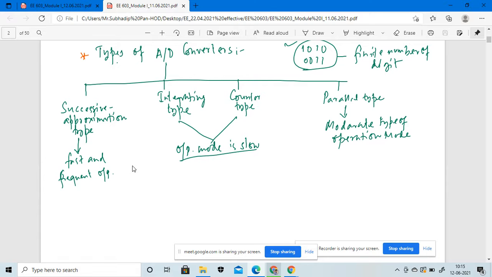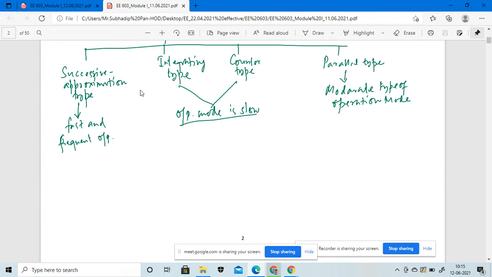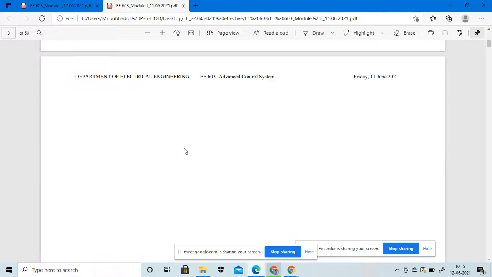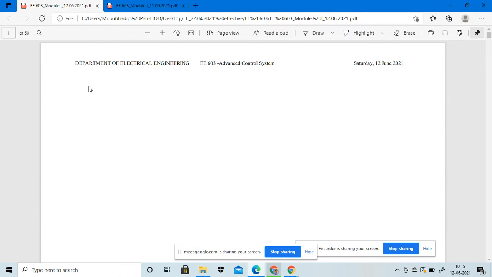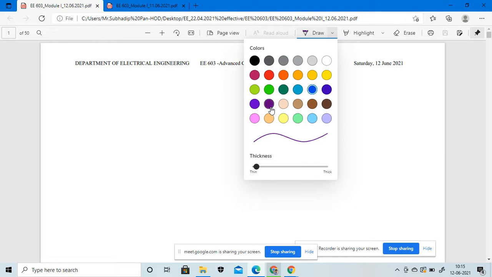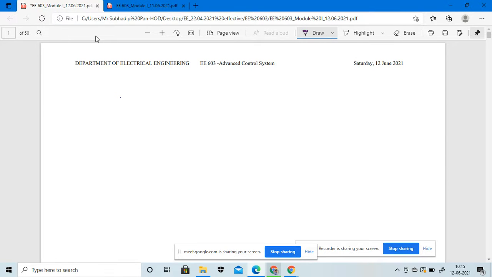Now we will discuss the first one, the successive approximation type of converter, so we have to discuss its schematic diagram.